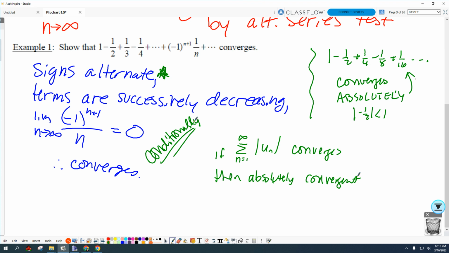It had to alternate. If it didn't alternate, this is a regular old p-series, and we know that one diverges. If it was all positives, then it's just 1/n. Does 1/n converge or diverge? Diverges, by p-series. So the absolute value is gonna mess us up. So it'll only converge if this one condition of being alternating holds true.